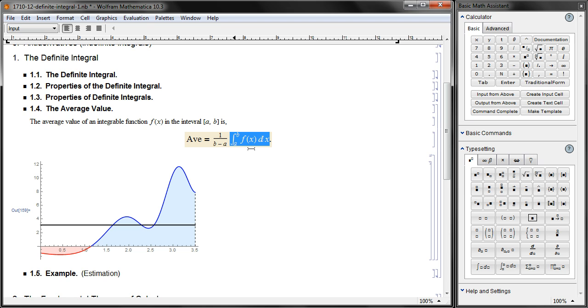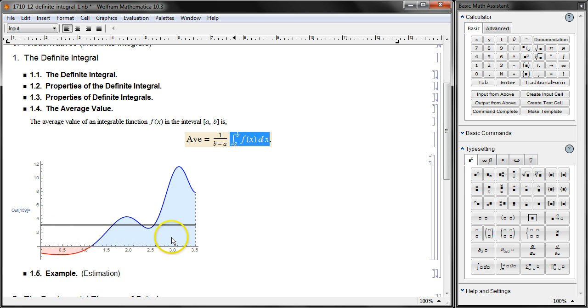Now, finally, there's a visualization of this average concept, and it's here. This average is actually the y-coordinate of this black horizontal line here. And this integral is a signed area of this entire graph, red and blue put together. And what does this average value do?